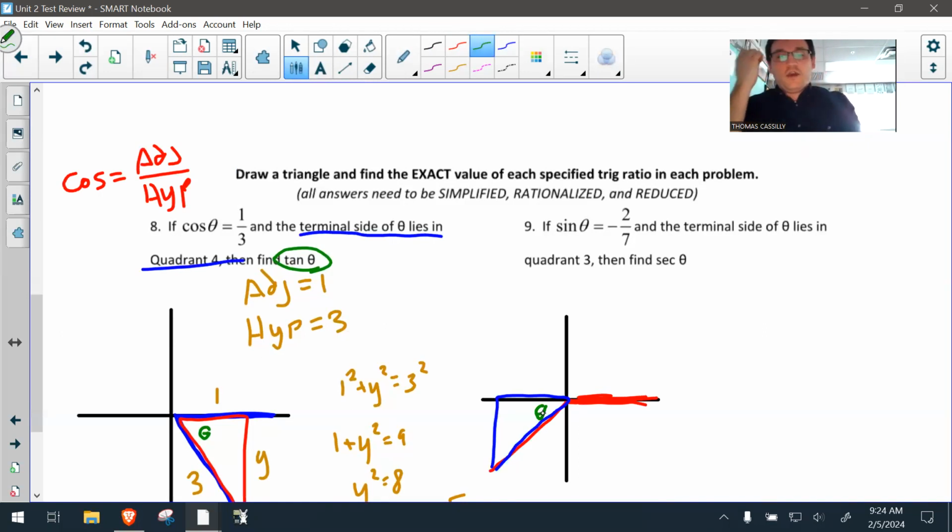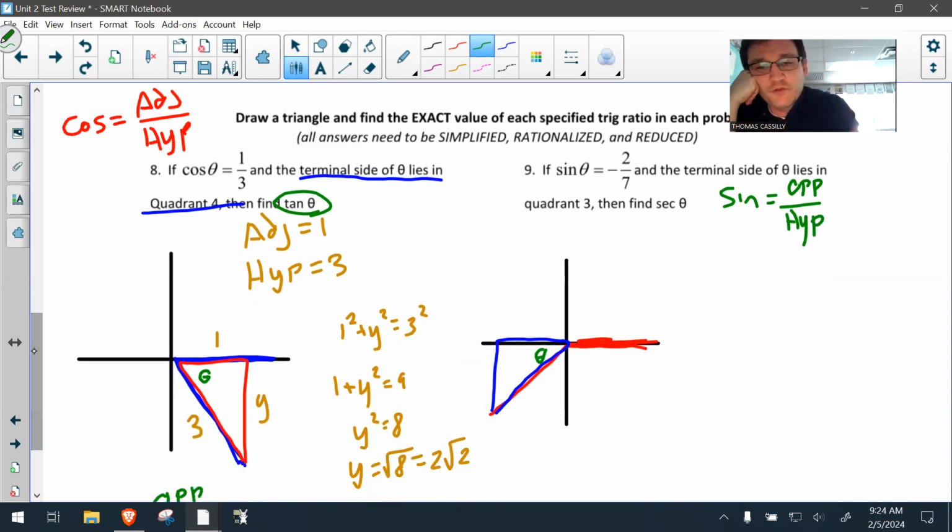We know sine is -2/7. Sine is equal to the opposite over the hypotenuse. One thing to keep in mind, which I haven't mentioned before, is that the hypotenuse, or what we're calling the radius on these, is always going to be a positive number.